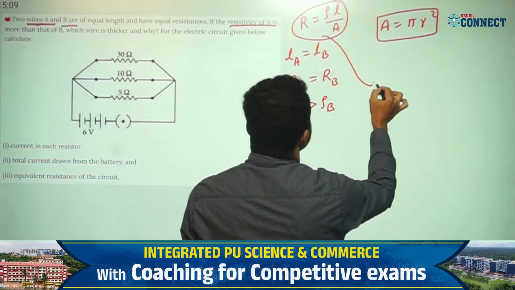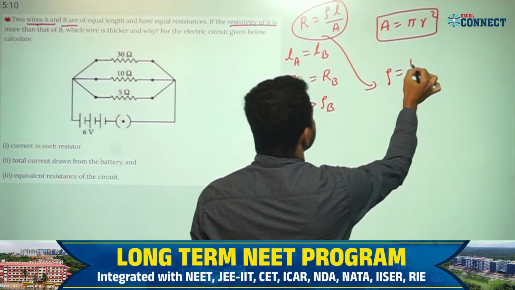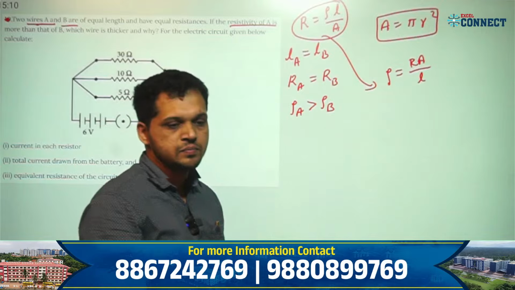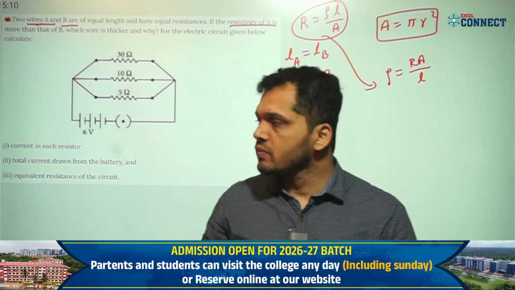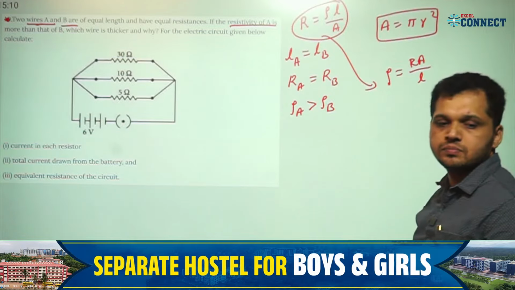I will write rho is equal to RA by L. Now what they have given is length is same, resistance is same.